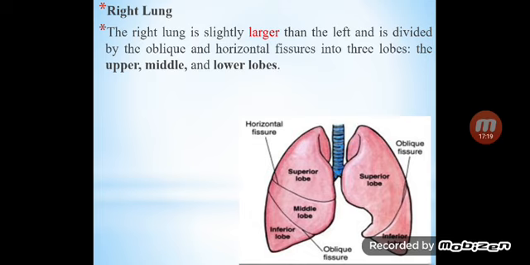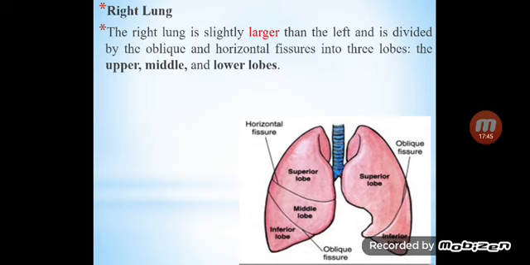At the middle of the medial view of the lung, there is a depression, as I said, which is named the hilum, or the root of the lung. It is the site of entry and exit of the bronchus, the vessels, the lymphatics, and the nerves to the lung tissue and lung parenchyma.